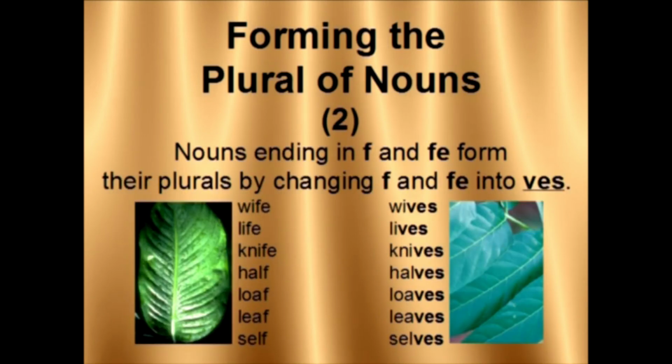Number 2, nouns ending in F and FE form their plural by changing the F and the FE into VES. For example, for singular, wife. For plural, wives.